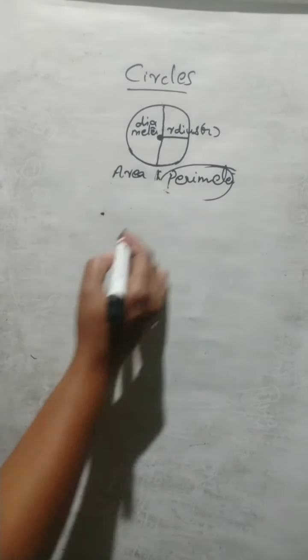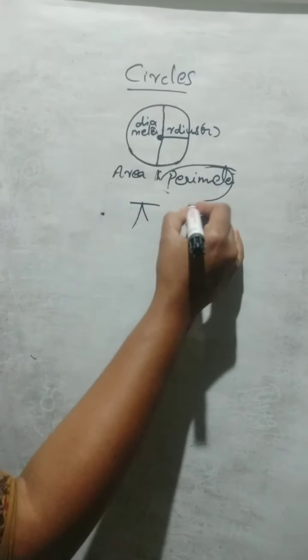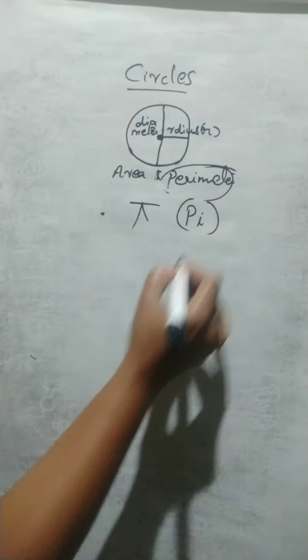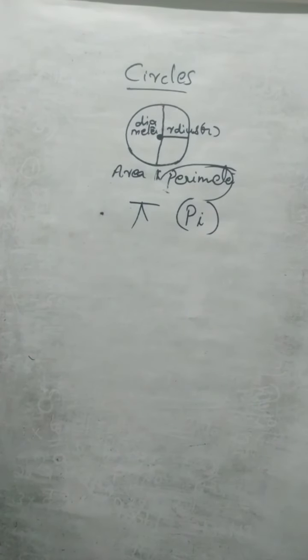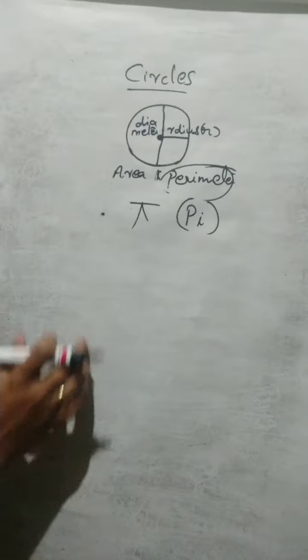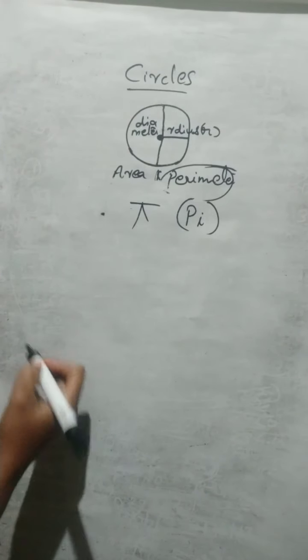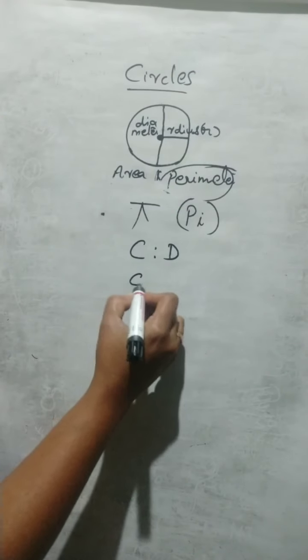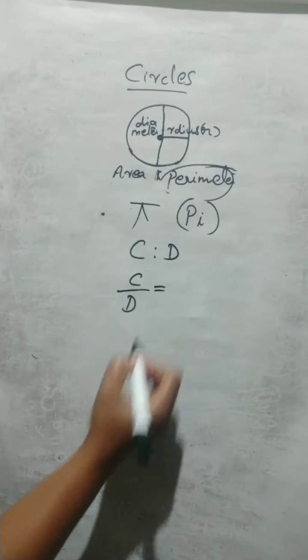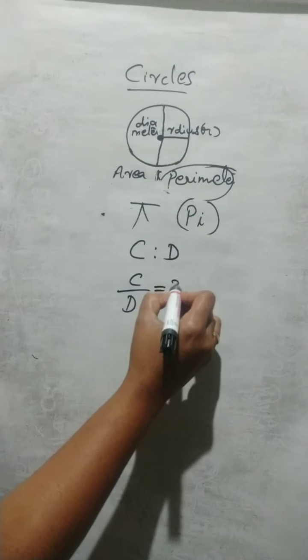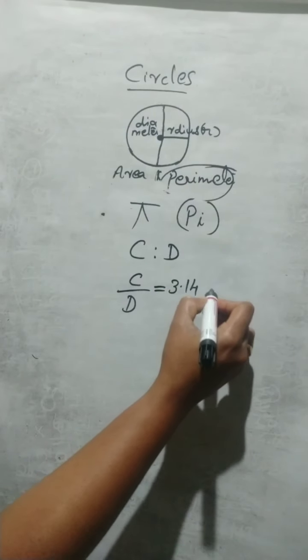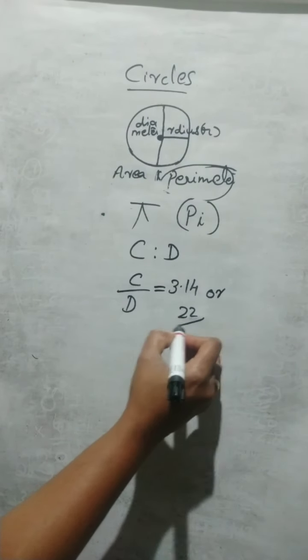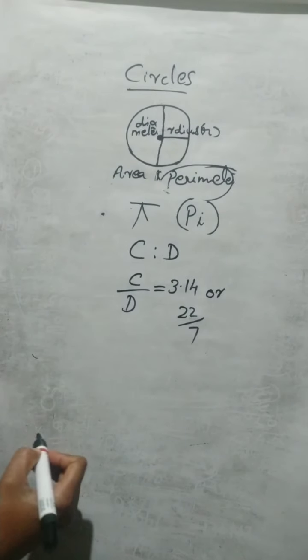Here, what is pi? Pi is a constant value. That is the ratio of circumference to diameter, C by D, which will be a constant. The value will be 3.14 or 22 upon 7.